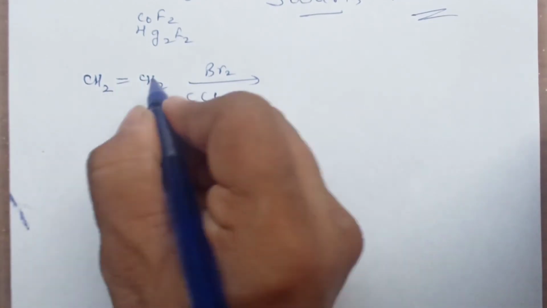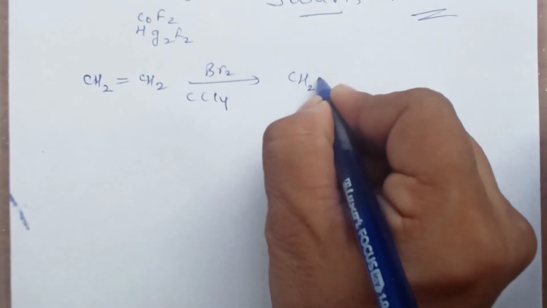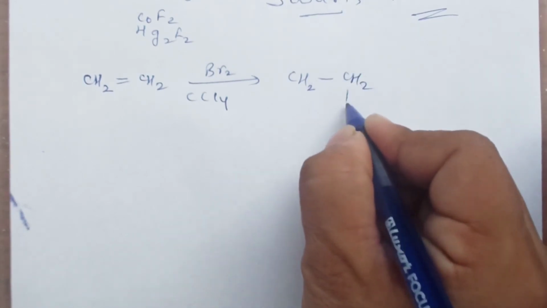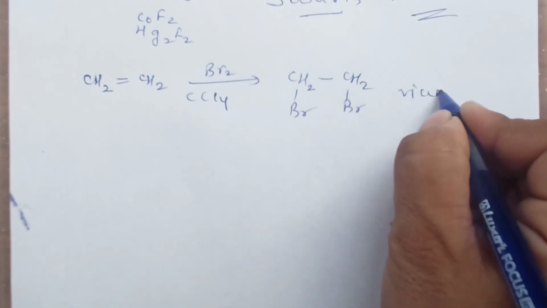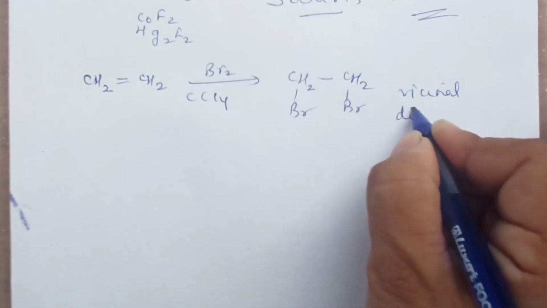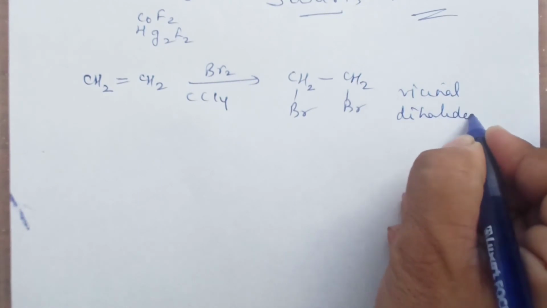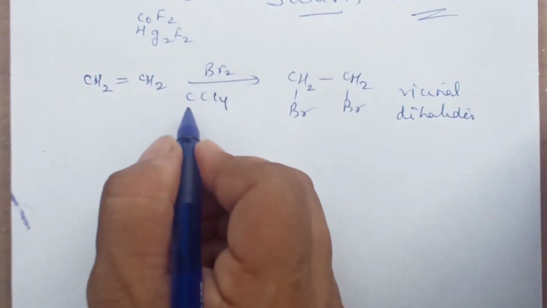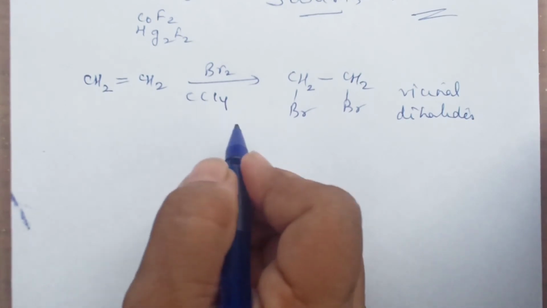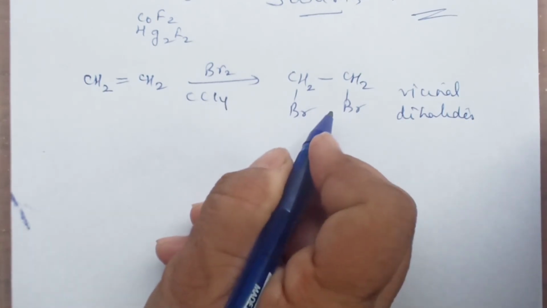You will get CH2Br-CH2Br, a vicinal dihalide. HX addition gives a mono-substituted product, whereas adding bromine gives a di-substituted product.